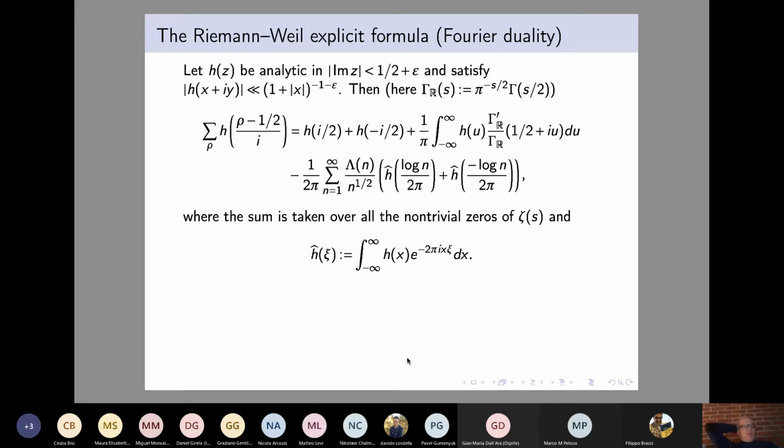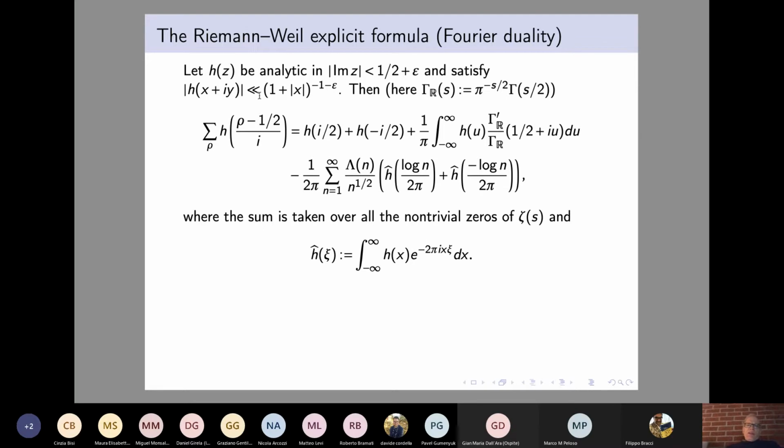So one does more or less the same thing, but instead of taking the specific function that we did in Perron's formula, which was x to the s over s, we plug in any test function, which we call h of z. So we take any reasonable analytic function. It is analytic in a domain which contains the critical strip. It satisfies a reasonable growth estimate.